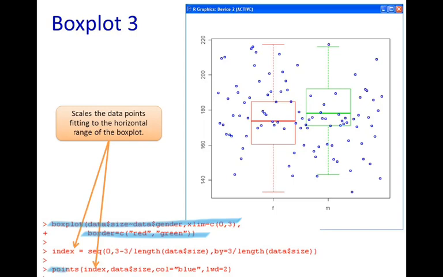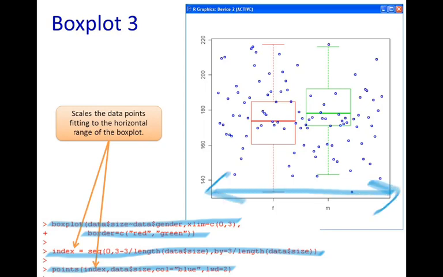Then we can say that we, on top of that, plot the data points corresponding to this variable. Be careful, you will have to define an artificial x-axis for these points, such that you have a nice spread over the x-axis of the points. This is maybe not the final idea of how to deal with box plots and overlaid scatter plots. We will come back to that a little later.